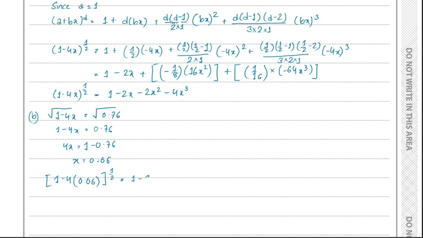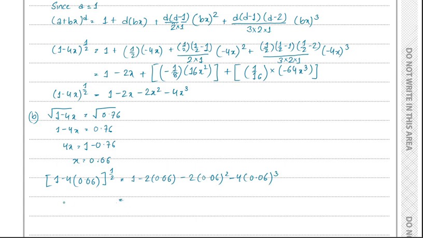So 1 minus 2 times 0.06 minus 2 times 0.06 whole square minus 4 times 0.06 whole cube.